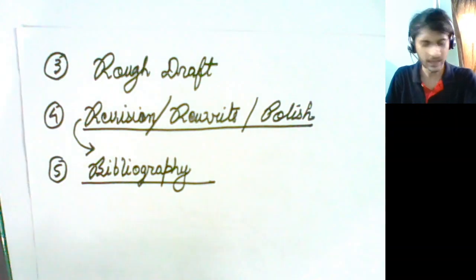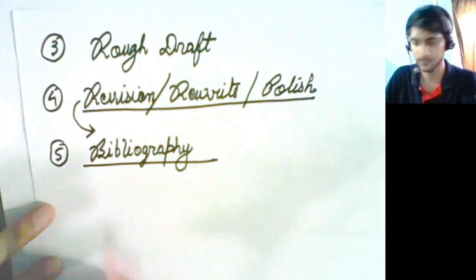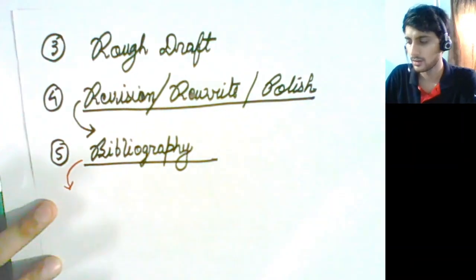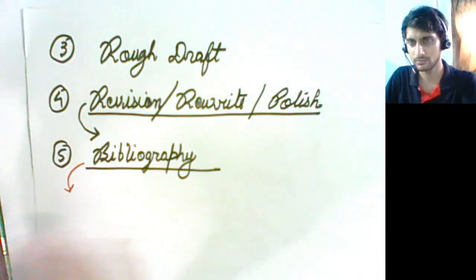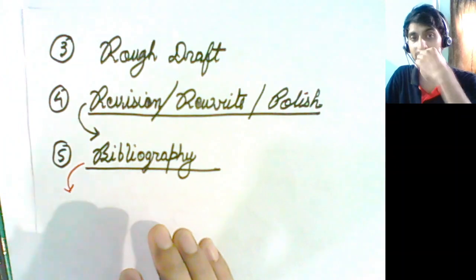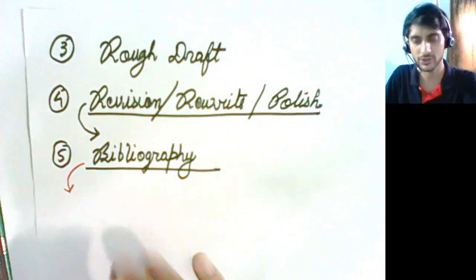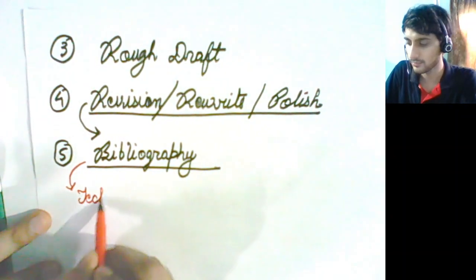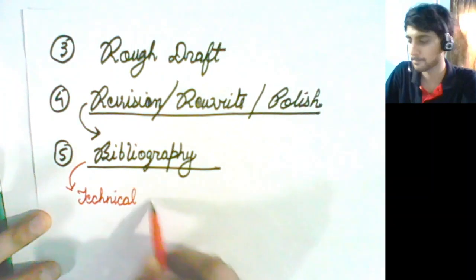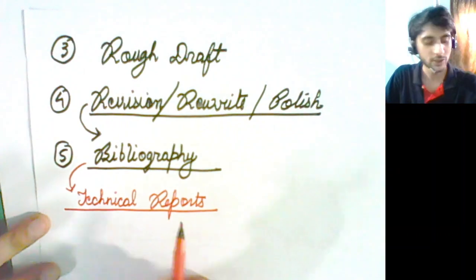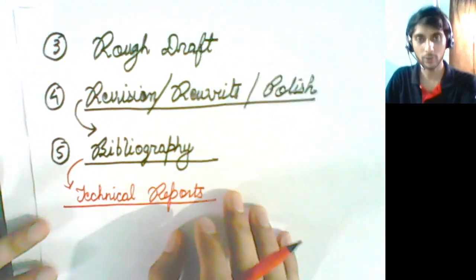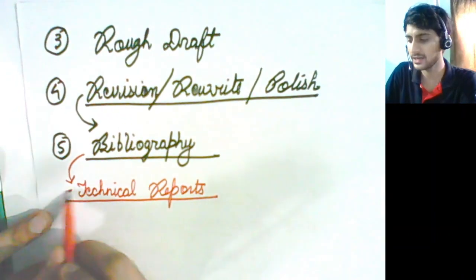Now, there can be different types of technical reports. What you are concerned with in our research methodology course is writing technical reports. So in a technical report, there are different things you can write.